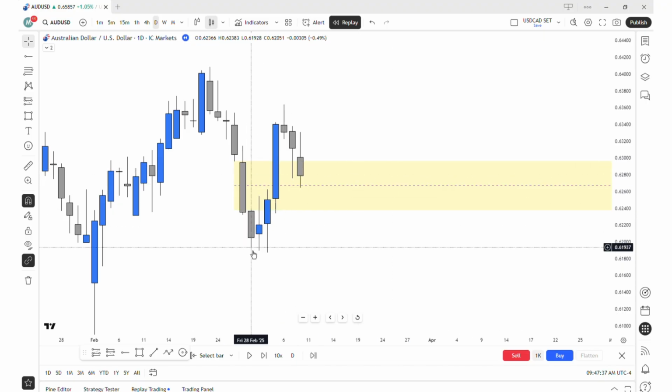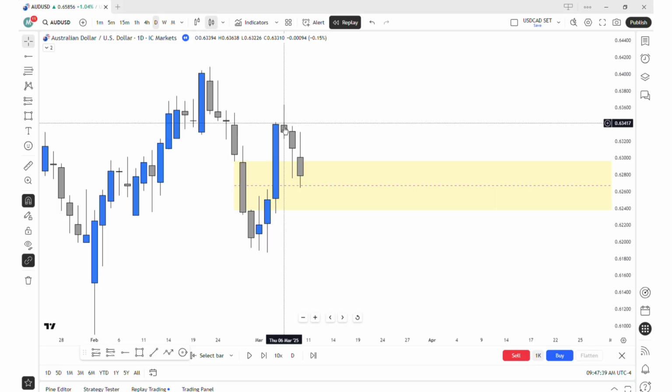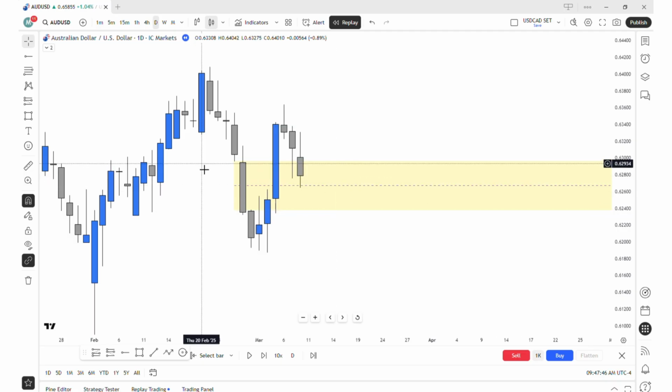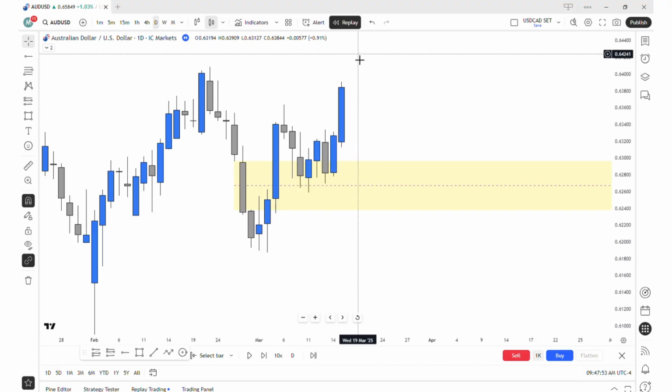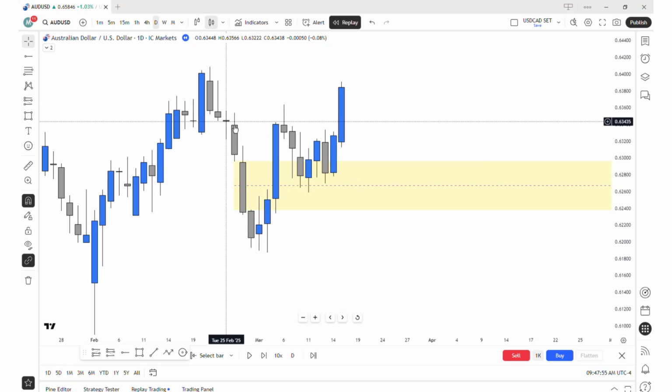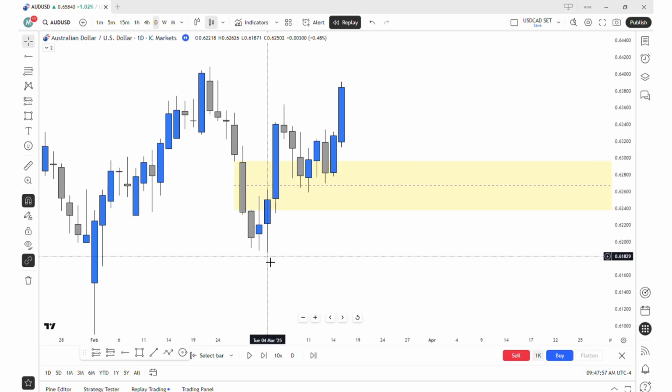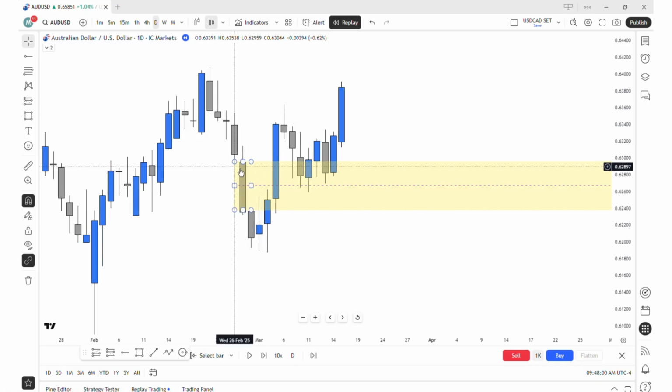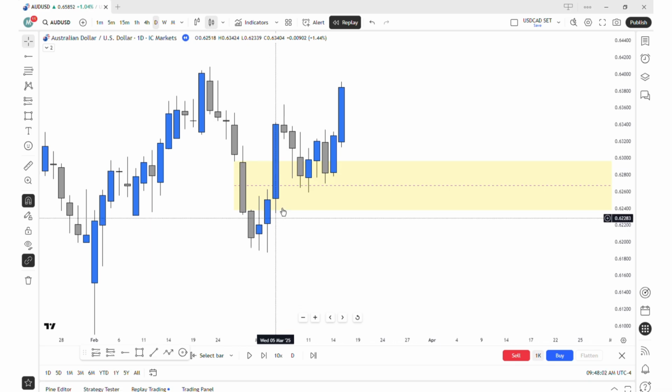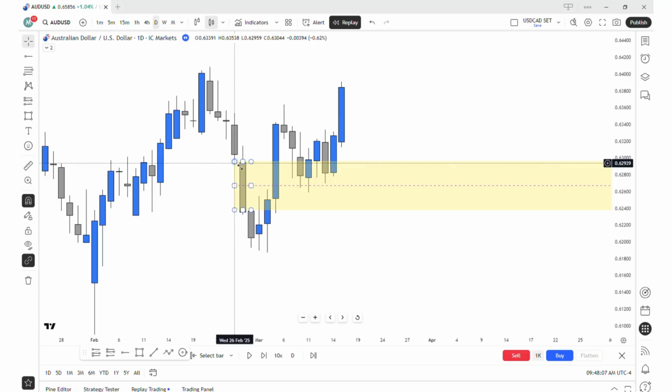So price broke above the fair value gap and then later came back to the inverse fair value gap to then use it as support to then go back up. So we have price went down in a bearish trend, made a fair value gap, then price broke above the fair value gap, then switching this fair value gap to an inversion, also known as an inverse fair value gap.